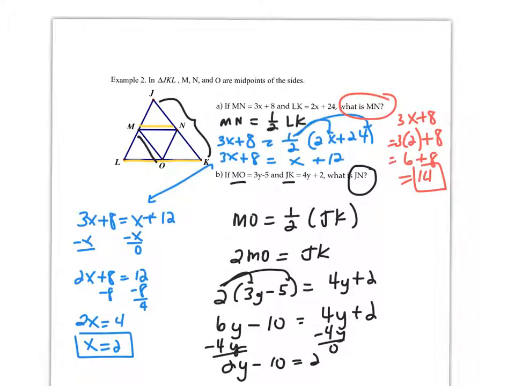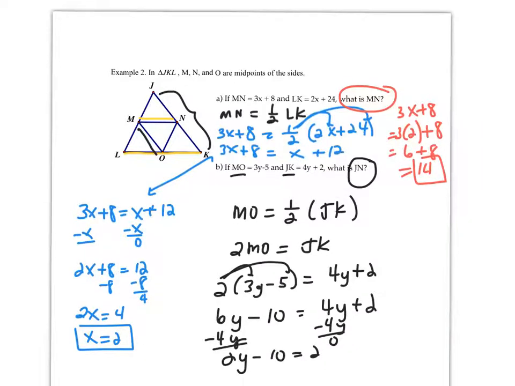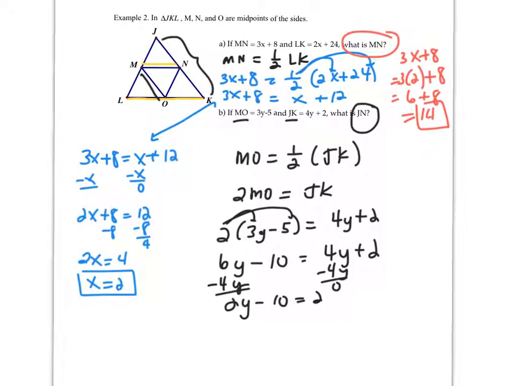Let me just scoot this up a little bit. And keep going. Add that 10 to both sides, and we get 12 on the other side. So if 2y is equal to 12, then y equals 6.